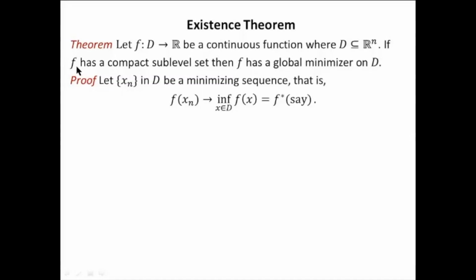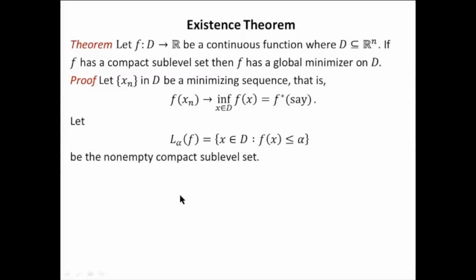Now the statement says there is a compact sublevel set. So let me say this sublevel set with height alpha is a non-empty compact sublevel set. That means it has at least one member. Now f star is the least value of the function, and this set consists of all those points for which f(x) is less than or equal to alpha.